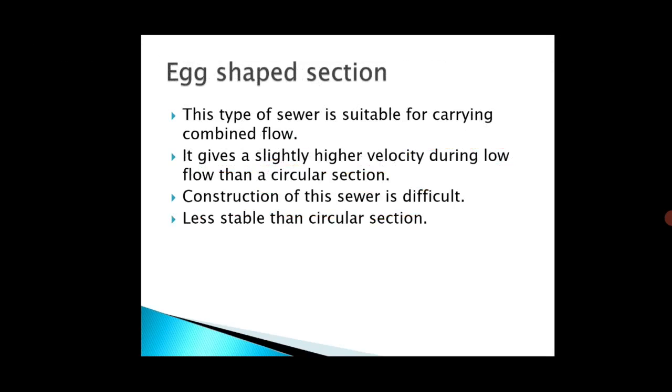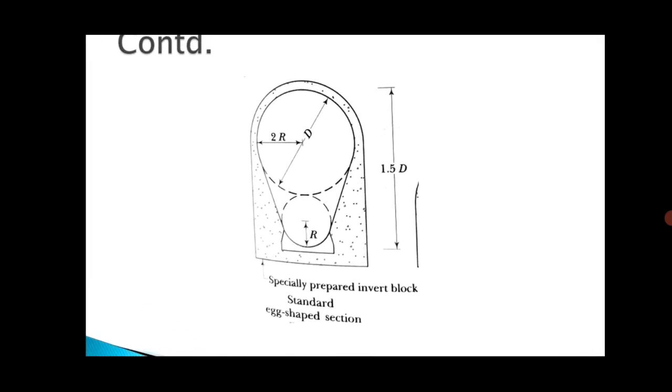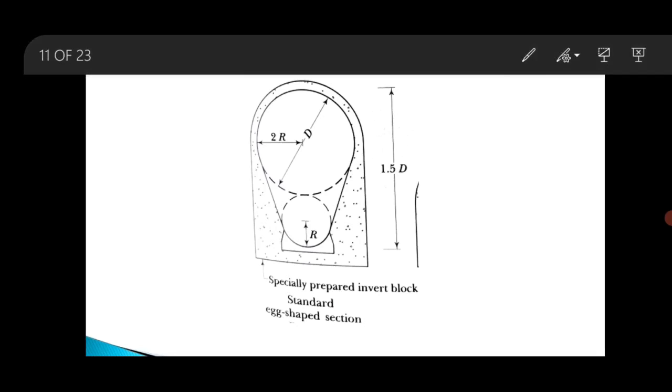Third one is egg-shaped section. This type of sewer is suitable for carrying combined flow. See, this is the egg-shaped sewer. So this is suitable for carrying combined flow of sewage.